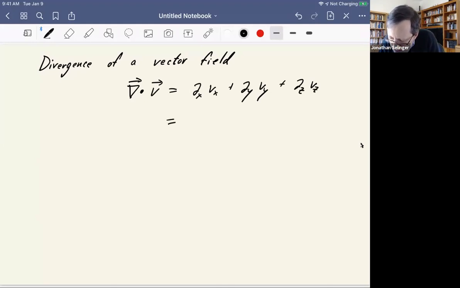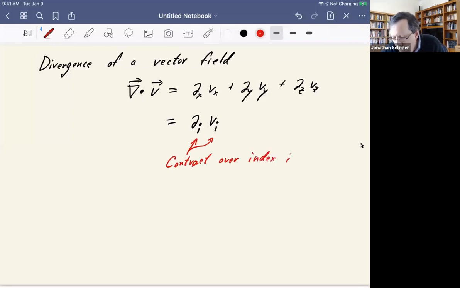Or it could be written nice and compactly as del i vi, because you remember the index i here is repeated exactly twice in this expression. And so we automatically are summing over, we are contracting over the index i. So this is a scalar S.